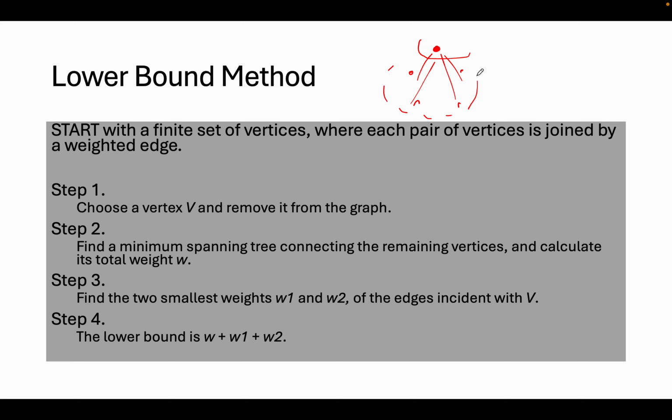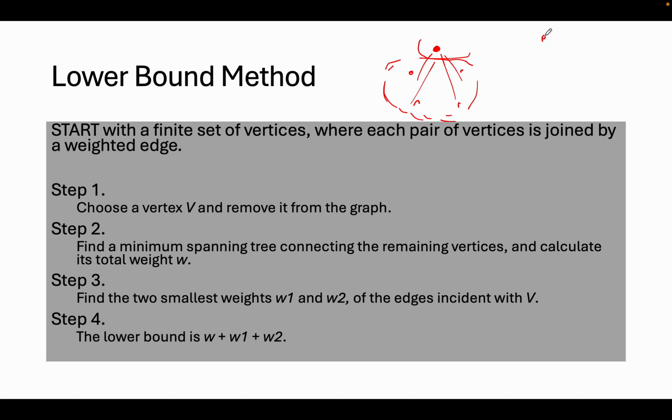In the graph remaining, we find the minimum spanning tree. So find a minimum spanning tree connecting the remaining vertices and calculate its total weight. First we cut it, then we find the minimum spanning tree of what's left.